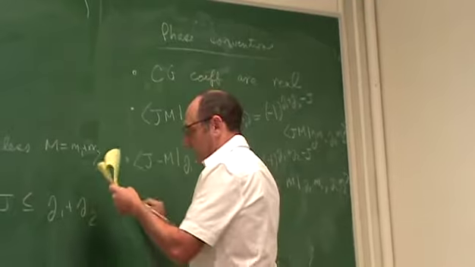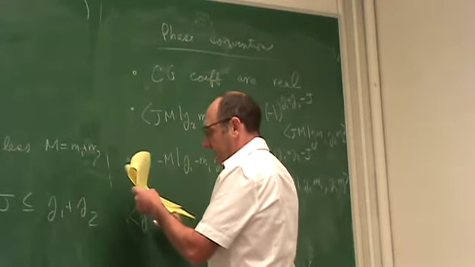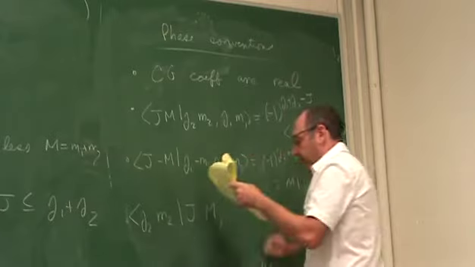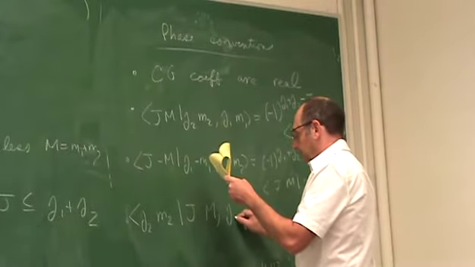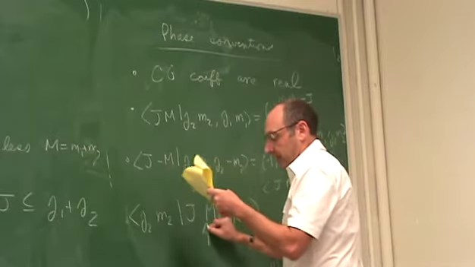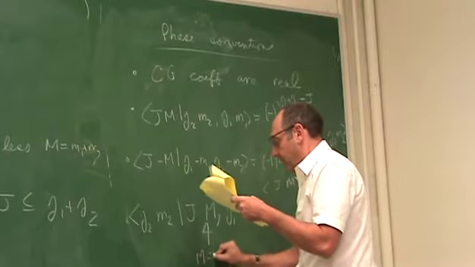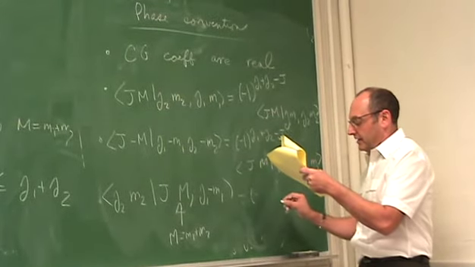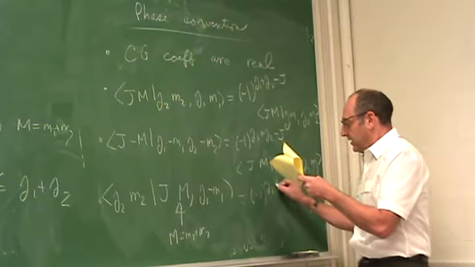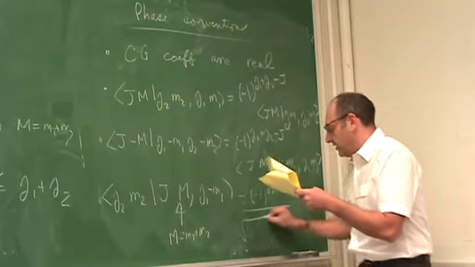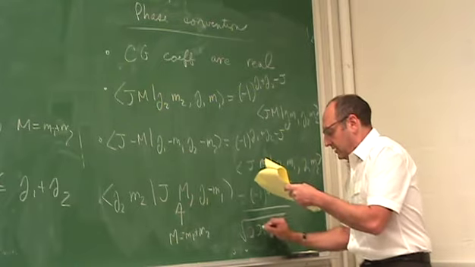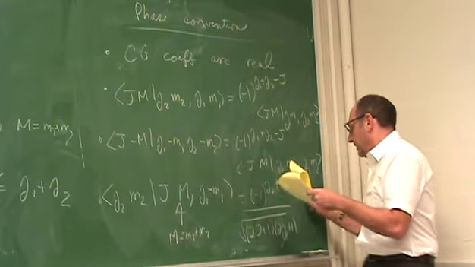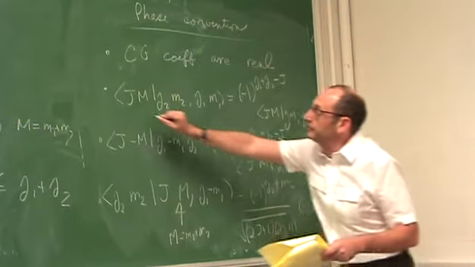And finally, if I switch and say, instead of adding angular momentum, I'm going to subtract angular momentum, where this has got to be a minus, M is equal to M1 plus M2, this is equal to minus 1 to the J2 plus M2 over the square root of something, times the usual CG, the one that's this guy.